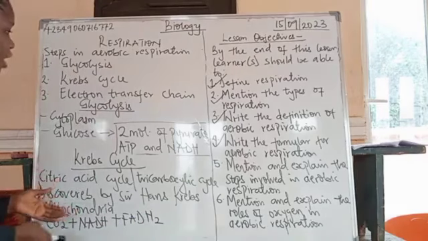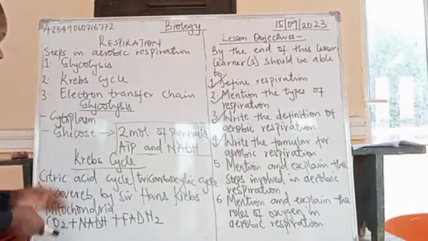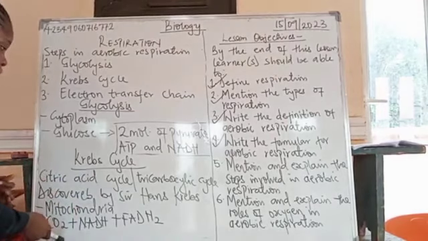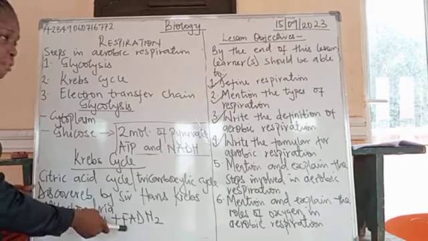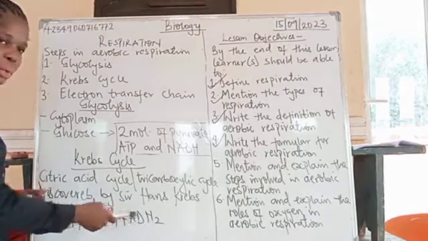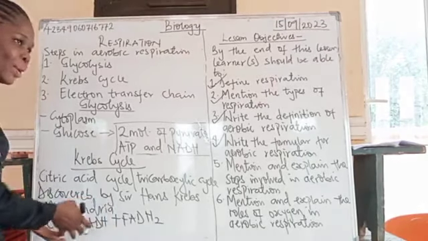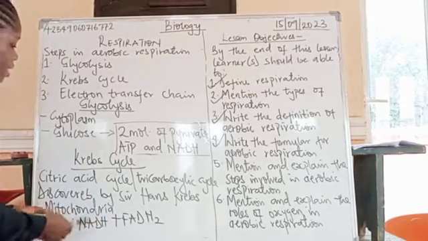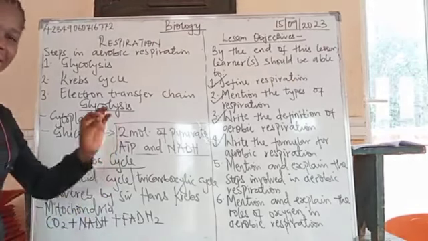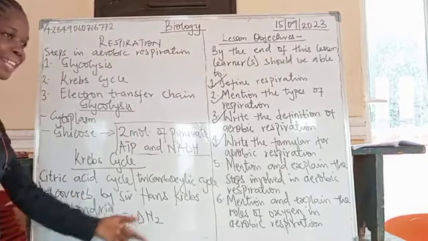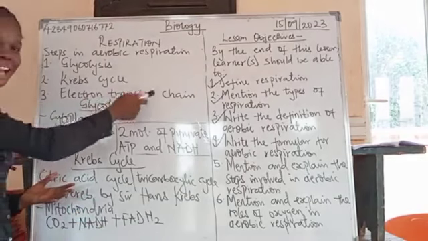So we have that the pyruvate from glycolysis, when it comes to Krebs cycle, is further broken down to carbon dioxide, the nicotinamide adenine dinucleotide, and the flavin adenine dinucleotide. So this is what we have by the end of Krebs cycle. And these products of Krebs cycle carry high energy electrons. And these high energy electrons are what is transferred to the electron transfer chain.